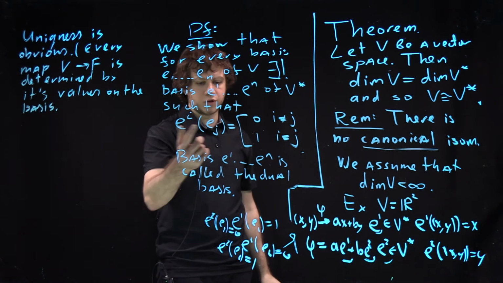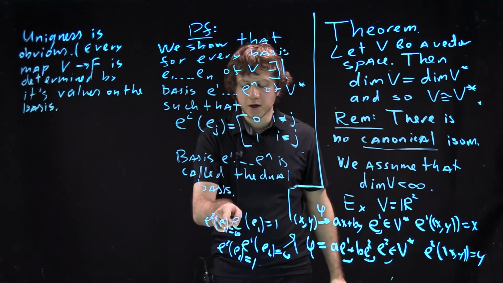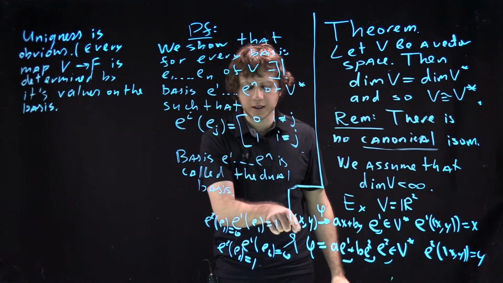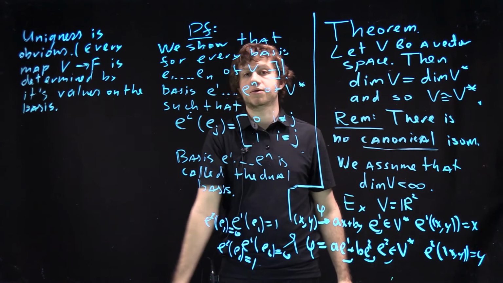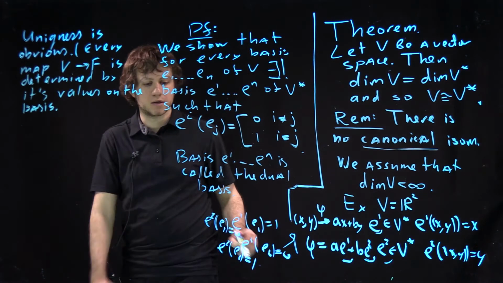We have maps which are defined by what they do with each basis vector, and this determines them uniquely.